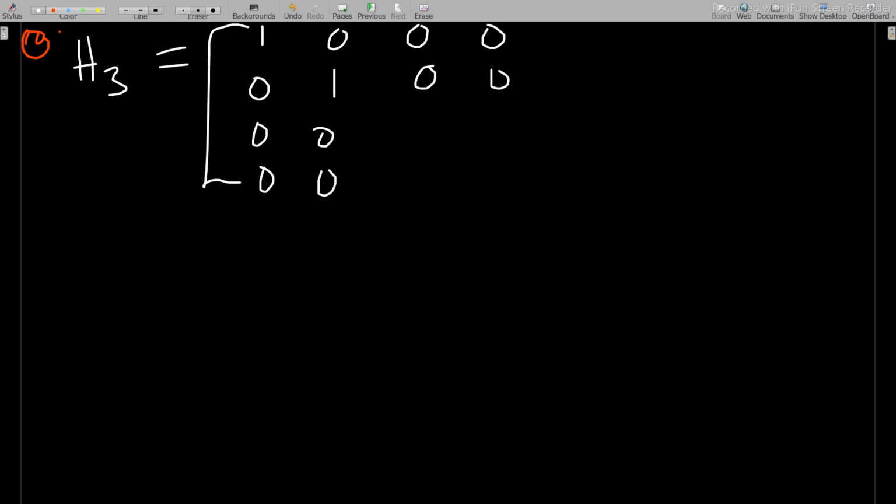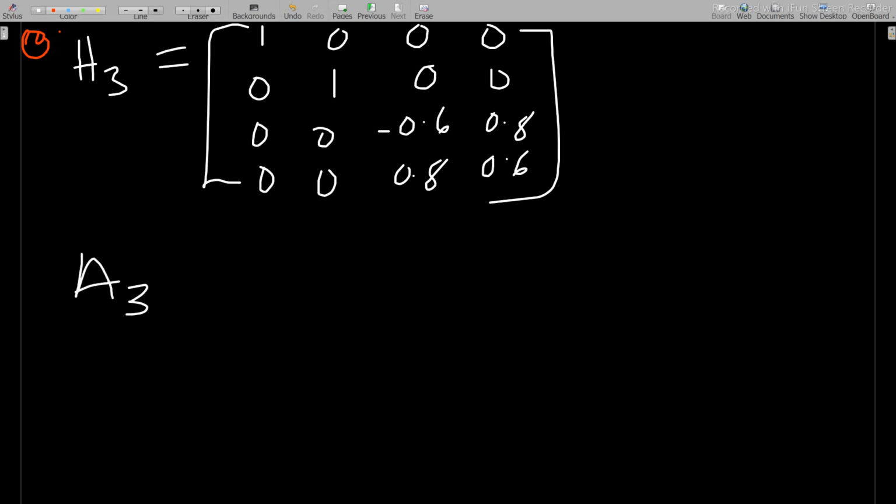Then the place you have a 2x2, you come and you place your h3 tilde there. And h3 tilde we had negative 0.6, 0.8, 0.8, then 0.6. So it means that my a3, that is my last transformation, should be equal to h3 a2.